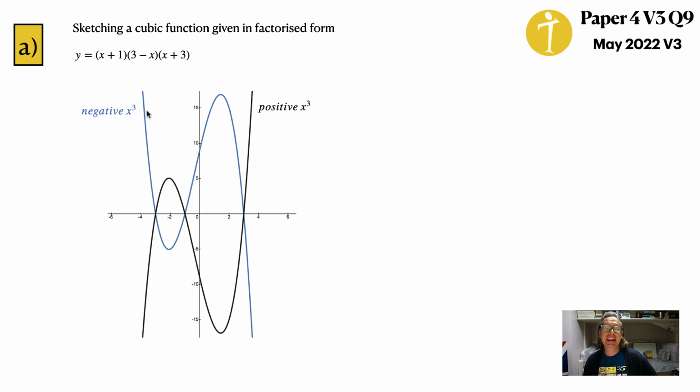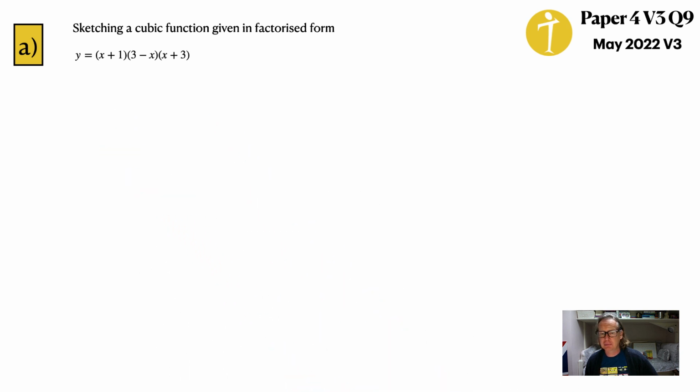If you have a negative coefficient of x cubed, then the opposite will be true. Now in this case, because I've got a positive x there, a negative x there, and a positive x there, I know I'm going to have a negative coefficient of x cubed. So it's going to look like this, and that's a helpful starting point.